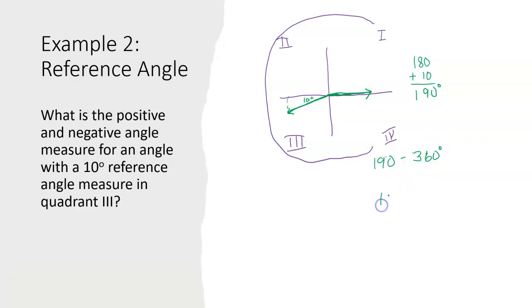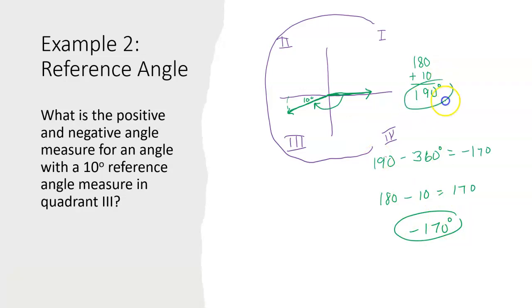Or I could also do 180 minus 10, and that would give me 170. This would give me negative 170, but I know I'm going backwards. So this measure would be negative 170 degrees.